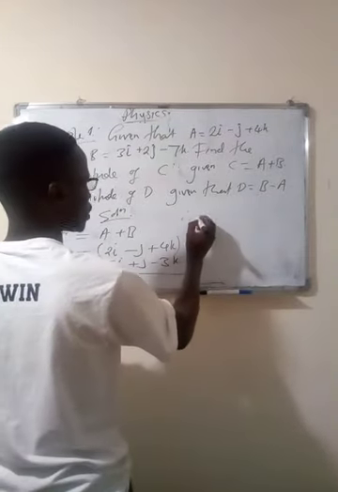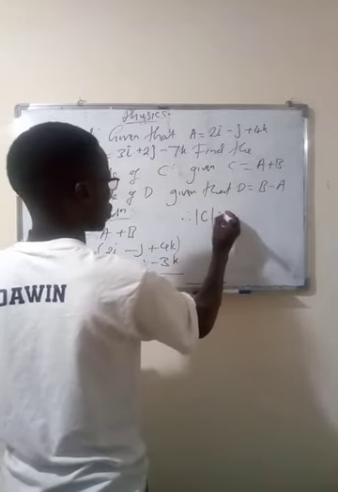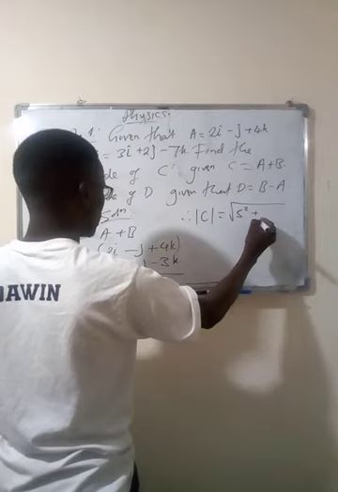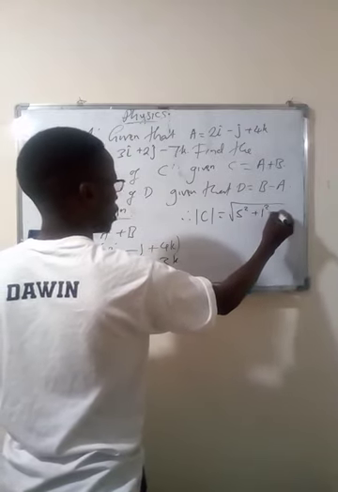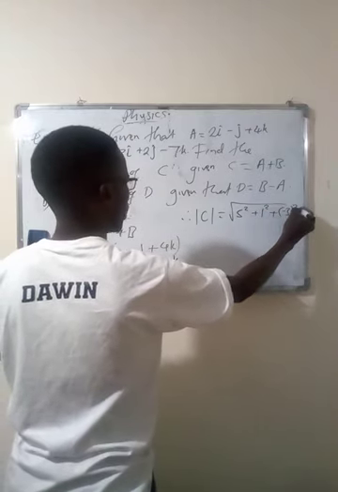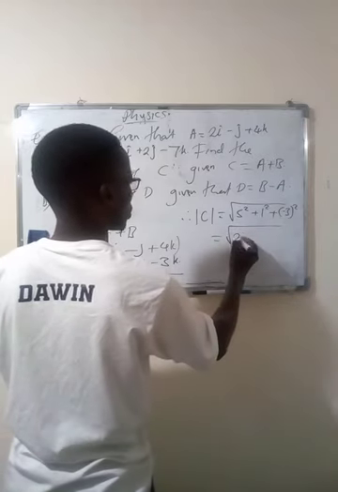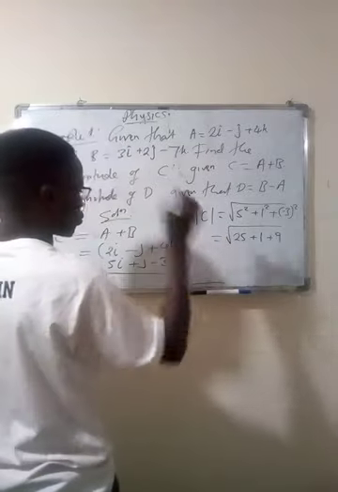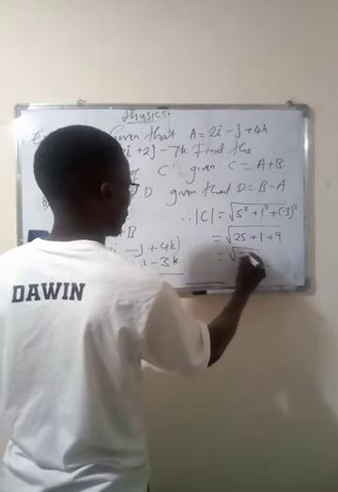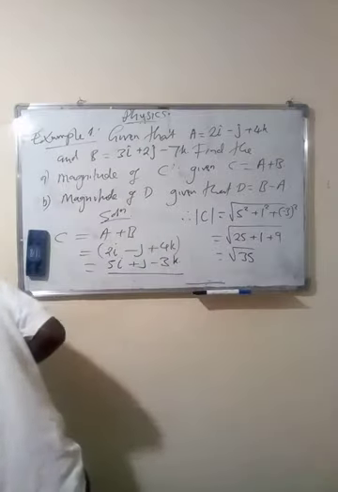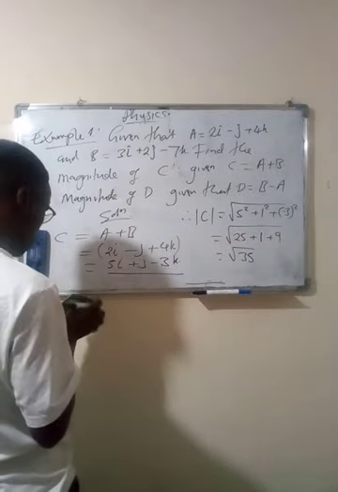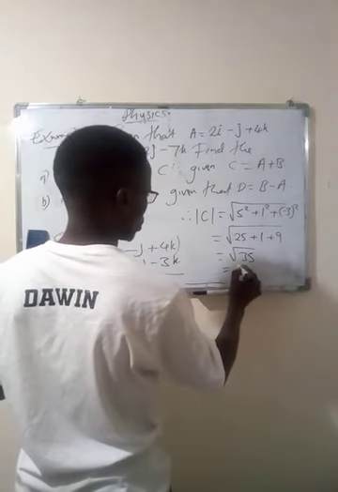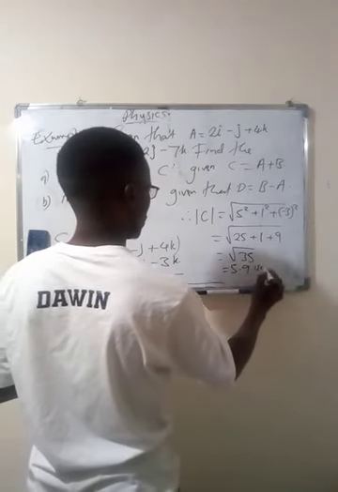So therefore, the magnitude of C is going to be equal to the root of 5 squared plus 1 squared, then plus negative 3 squared, which is going to be equal to 25 plus 1 plus 9, which is going to be root of 35. Root of 35 is equal to 5.9. So this is 5.9 units.